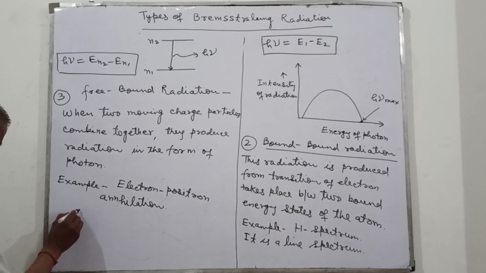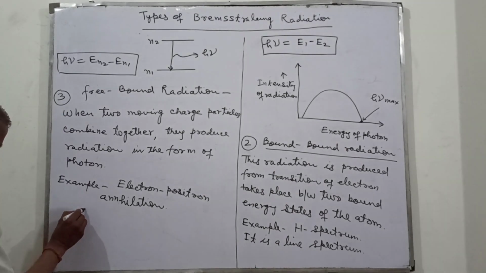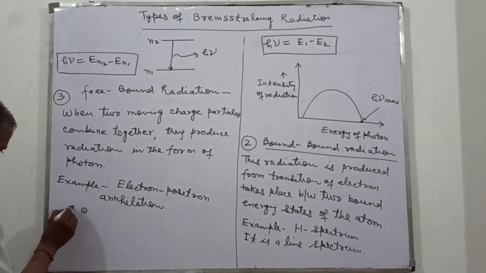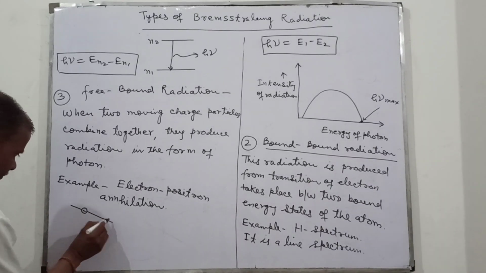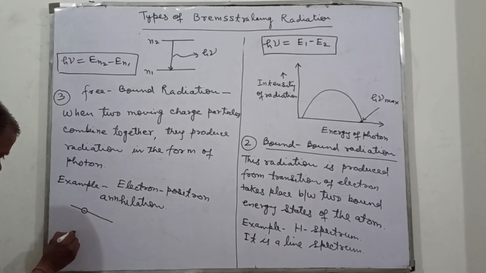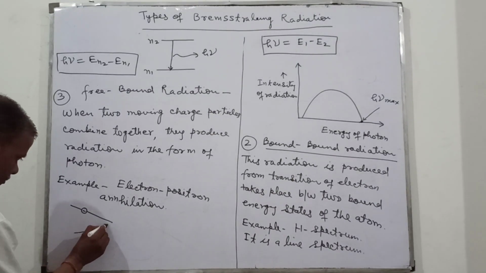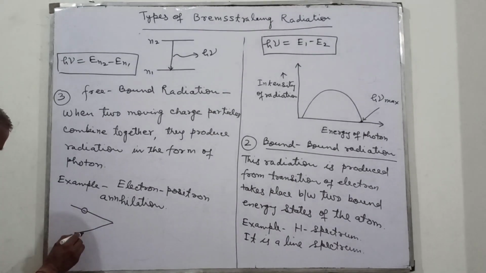So what we have is an electron, which is moving, and here we have the positron.